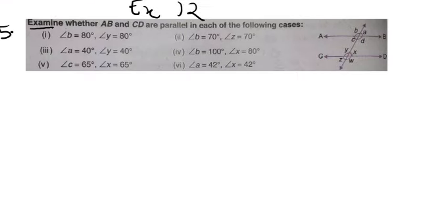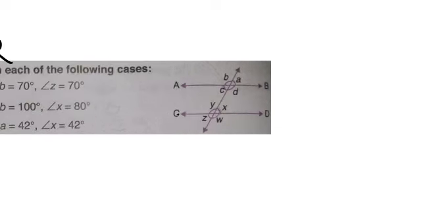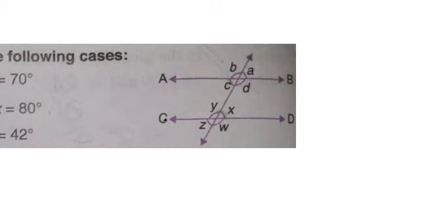So what do we have in the first part? It says angle B equals 80 degrees, angle Y equals 80 degrees as well. First of all, we need to identify what our given angles are. They have given us angle B and angle Y. Which type of angles are they? See, this is B and this is Y. They are lying on the same side, one is interior, the other is exterior.